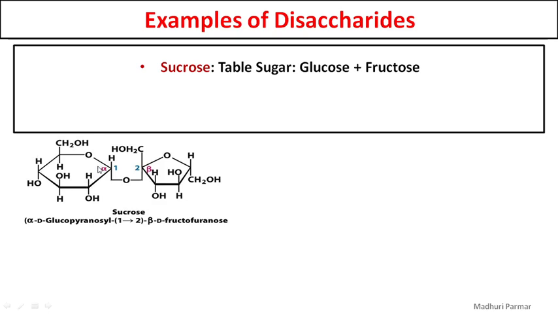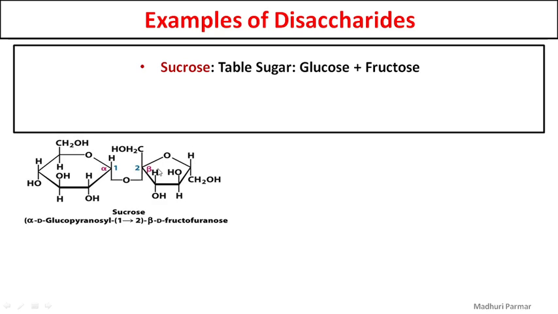So alpha-D-glucopyranosyl. Then the bond is forming between the first carbon of glucose and second carbon of fructose, so you call it 1,2. This 1 and arrow 2 is showing the bond between the two carbons, which is nothing but the glycosidic bond. And then beta-fructofuranose. This ring, which is formed because of ketone reacting with alcohol, is called furanose ring.